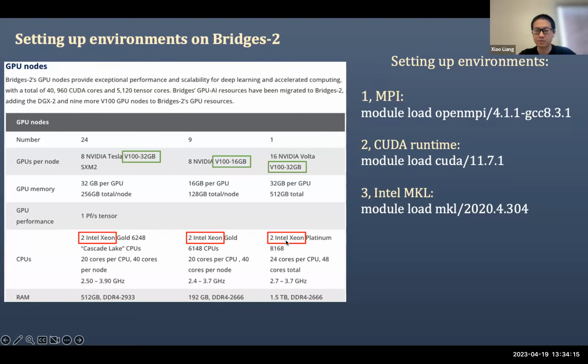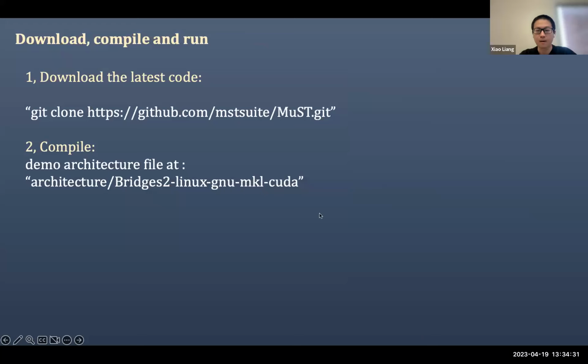Compiling MuST needs to set up the environment first. On Bridges-2, we can module load the necessary libraries like the MPI, the CUDA, and the Intel MKL. Both OpenMPI and Intel MPI work. After setting up the environment, we can download the source code of MuST through git clone and try to build it.